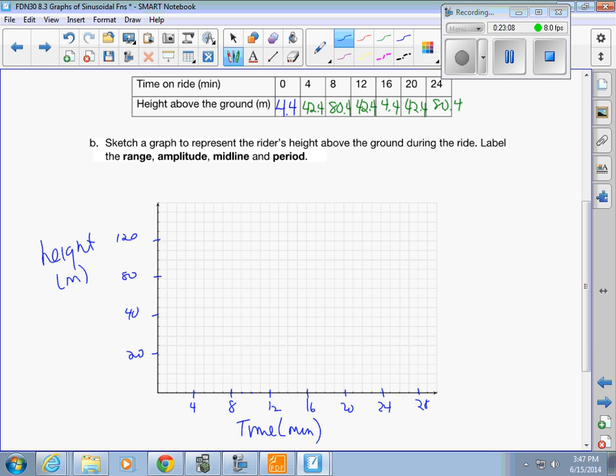Okay. So now we plot our points. So at 0, we're at 4.4 meters. So it's just above that 4. At 4, we're at 42.4. Oops, that's a little bit high, but close enough. At 8, we were at 80.4. Oops, and I put that one over.